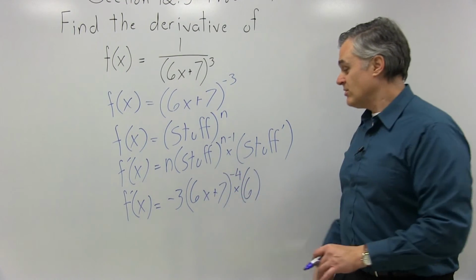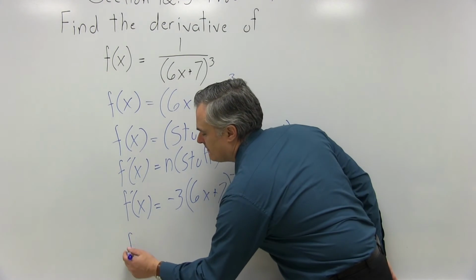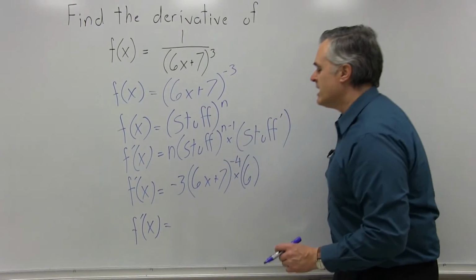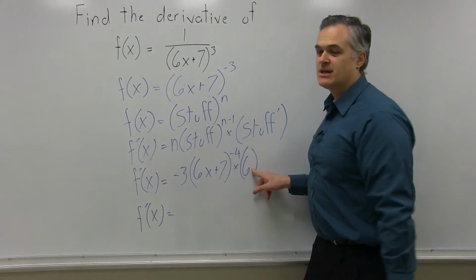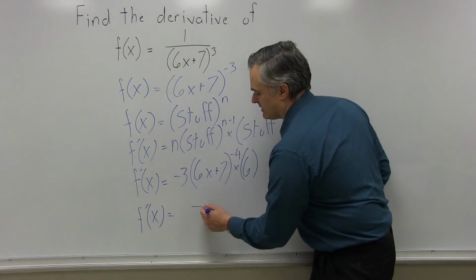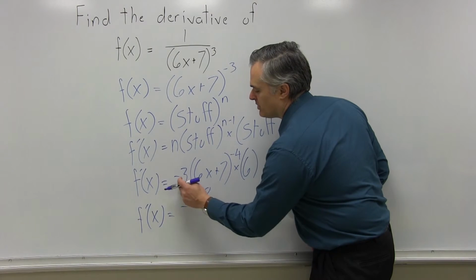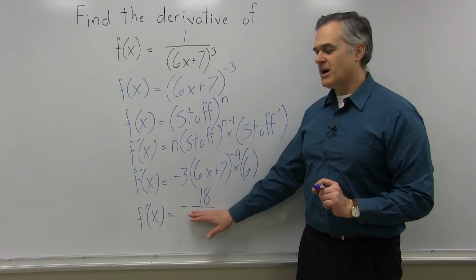And you don't have to. You could leave it like this and it'd be fine. But let me just add one more line. f prime of x equals, the negative 3 and the positive 6 can be multiplied to make a negative 18. So let me put an 18 in the numerator. And I can either make it a negative 18 or put the negative in front of my fraction bar. And notice I set up a fraction bar.